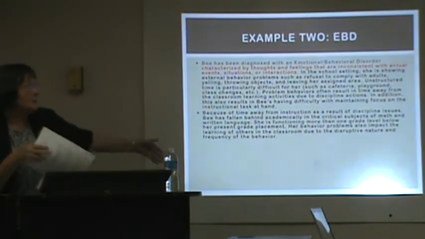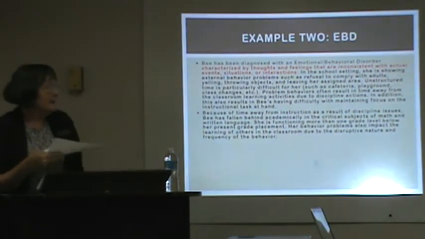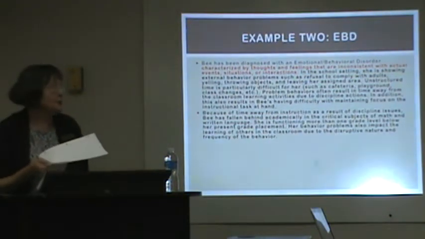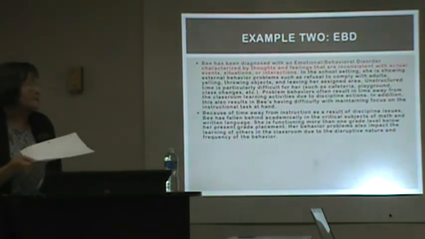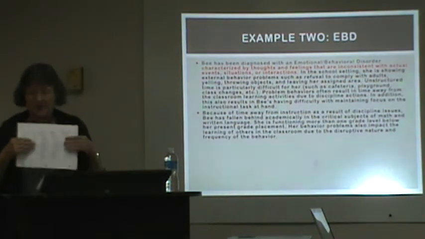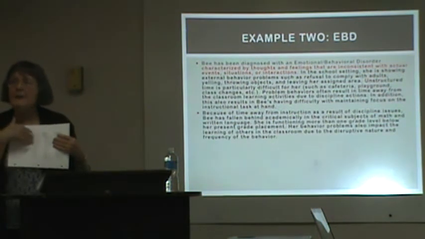She's functioning more than one grade level below her present grade placement. Behavior problems also impact the learning of others in the classroom due to the disruptive nature and frequency of the behavior. So I've got my characteristic and the impact that has at school.